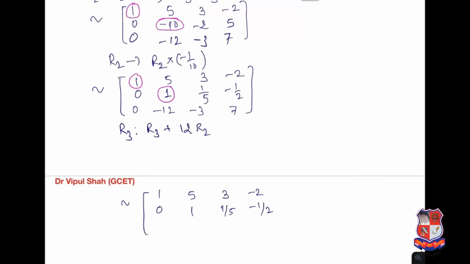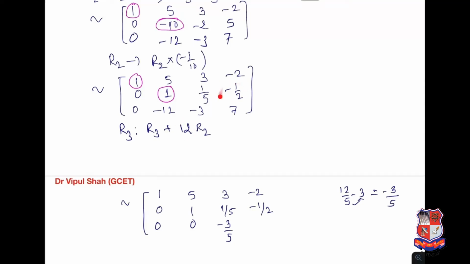Now multiply R2 by 12: 12 minus 12 is 0. This is already 0. Now 12 by 5 minus 3, that is 12 minus 15 over 5, so minus 3 by 5.